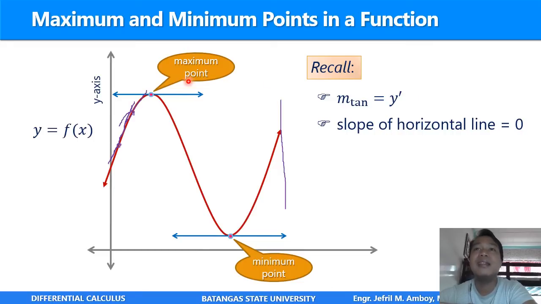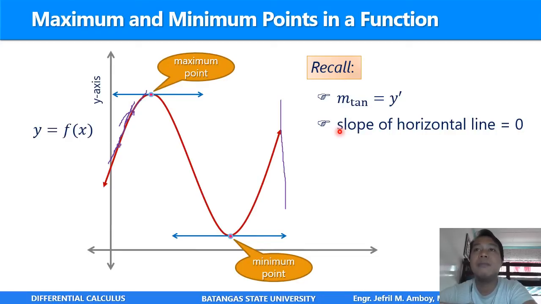So, that means that the horizontal lines, no, kung ang slope nila ay 0, ang first derivative ng function sa maximum at sa minimum point, that means yun ay 0. Yes. Okay? So that's the important concept that we need to consider when we will be solving maximum and minimum problems.